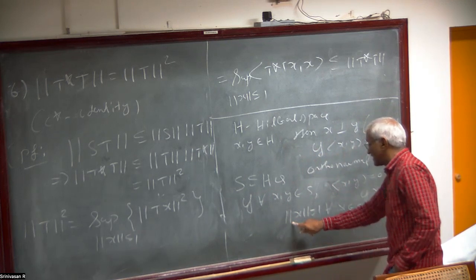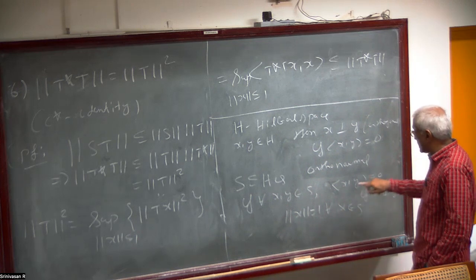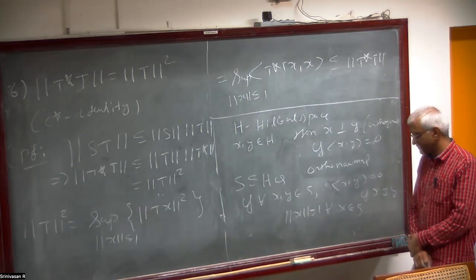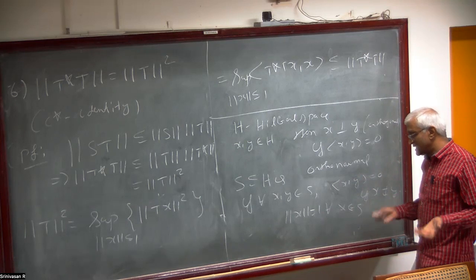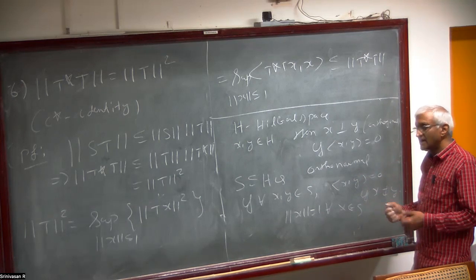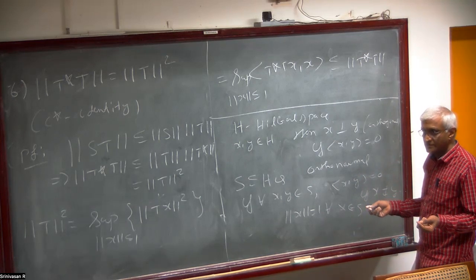This is the normal condition. Orthogonal means they are all orthogonal to each other. And we can easily see that if it is an orthogonal set, then it is linearly independent.